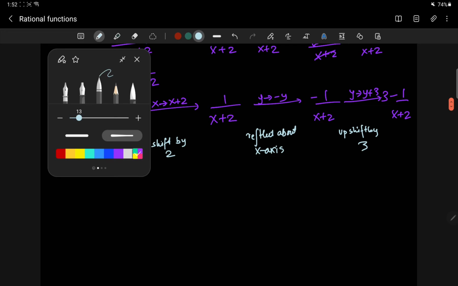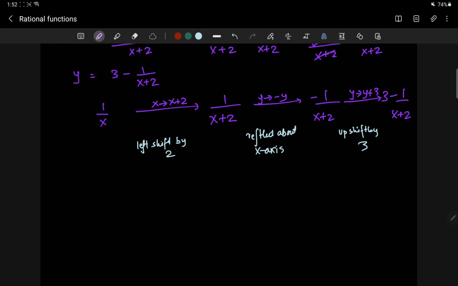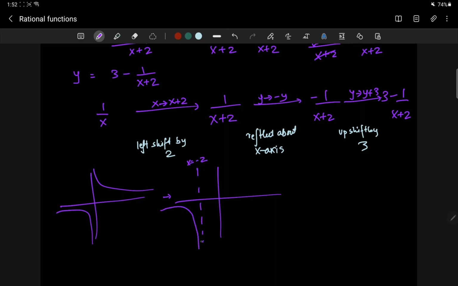Now that you have identified the transformations and the corresponding physical motion that they represent, we can start with a graph of 1 over x. Left shift this by 2. The left shift means the asymptote now is at x equals negative 2.